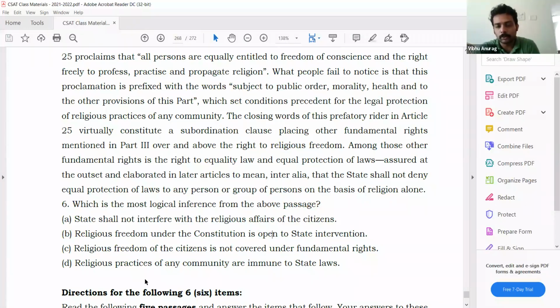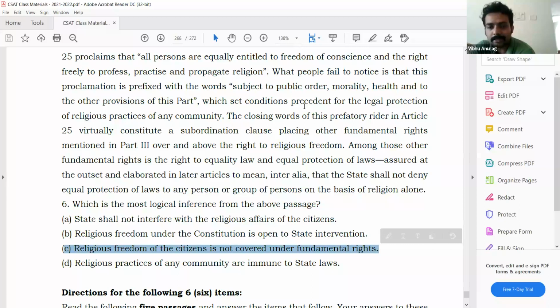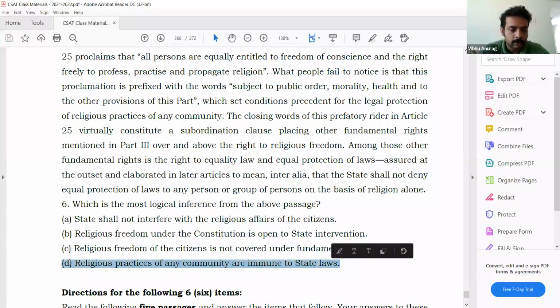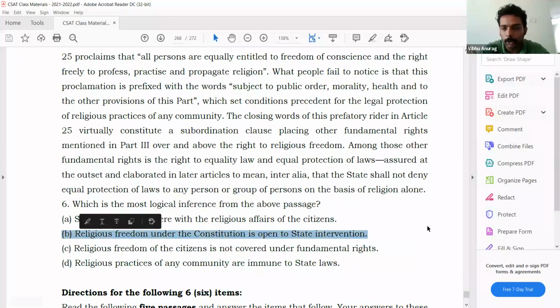Option C, religious freedom is not covered under fundamental rights. It is covered, just that it is a subordinate clause. So C is not correct. And D, religious practices of any community are immune to state laws. Actually, they are not immune, they are subject to state laws. So D is also wrong. B is the answer. I hope you got B.